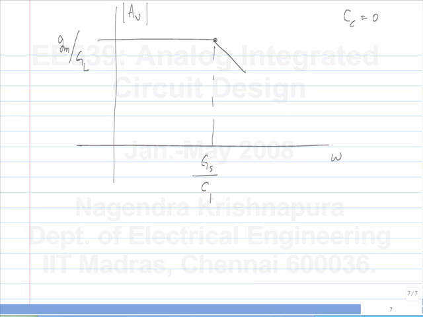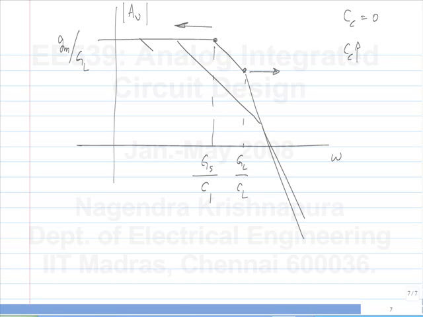And the second pole? It could be higher or lower. I am just drawing it this way. GL by CL. And it does this. So as CC increases, this moves outward, this moves inward. So the response looks more and more like something like this. It looks more and more like a first order system.